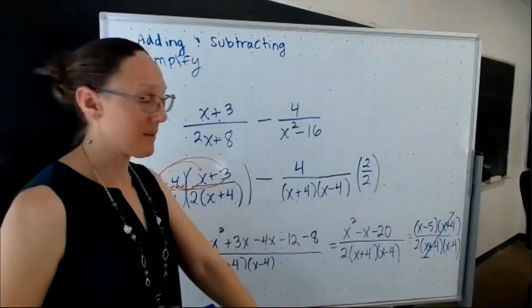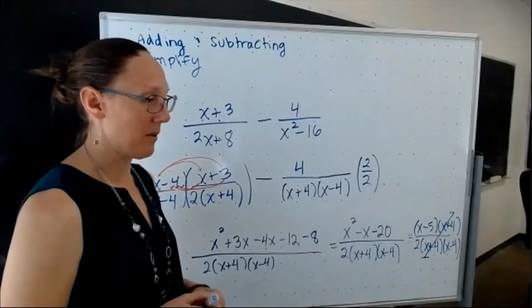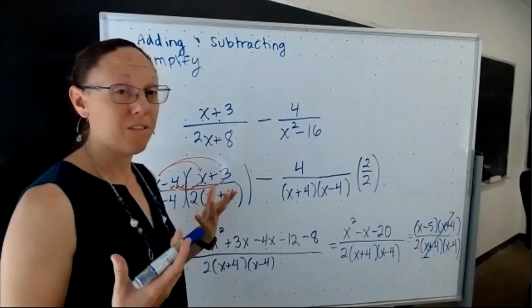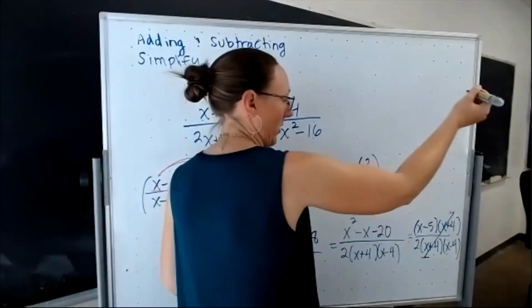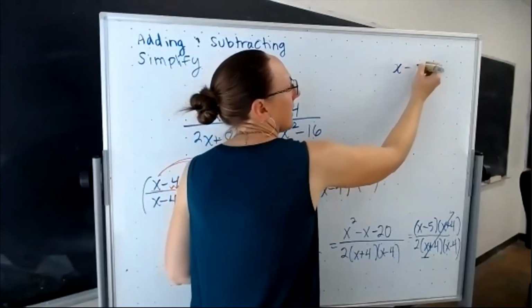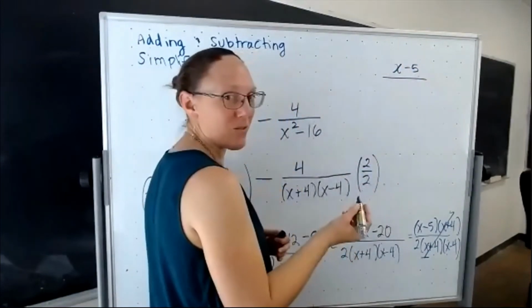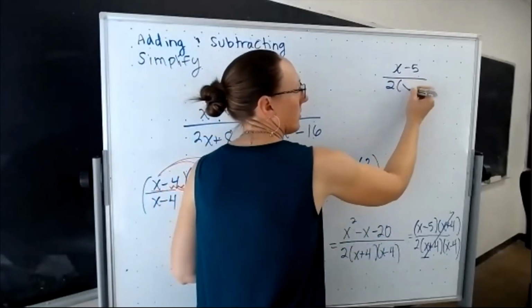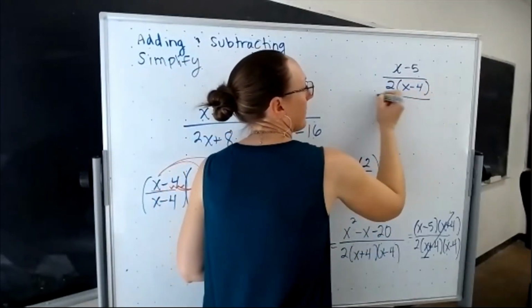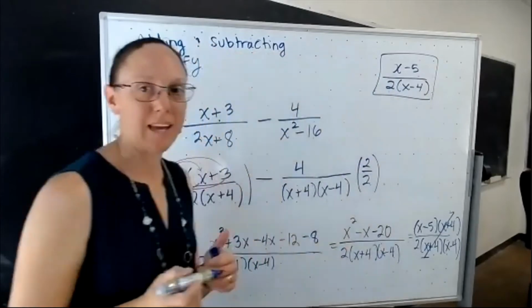Now I kind of ran out of space. I don't want to write all the way down at the bottom of the board, but final answer now, totally simplified form. I'm looking at x minus 5 divided by 2 times x minus 4.